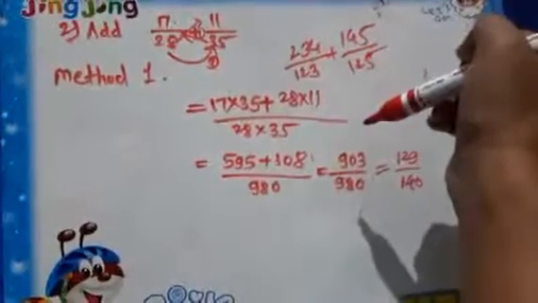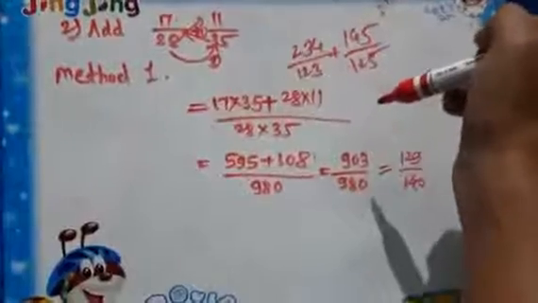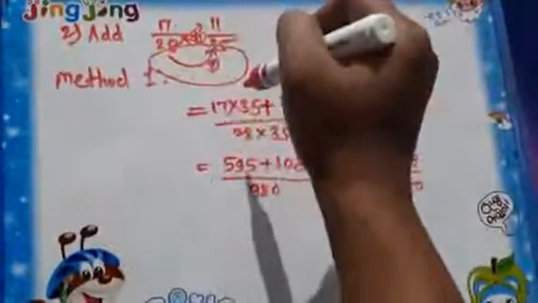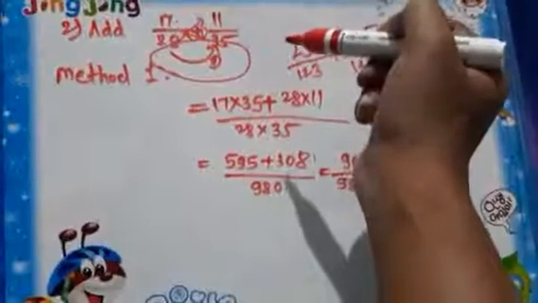So in that case, we will simply find the LCM of the denominators. That will be very easy. How to do that, we will see.